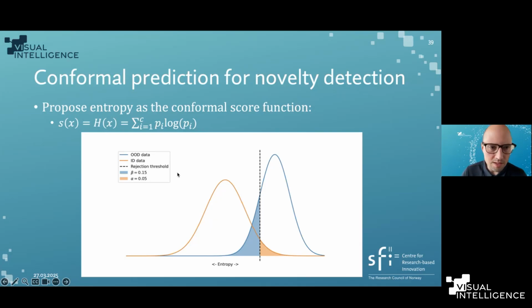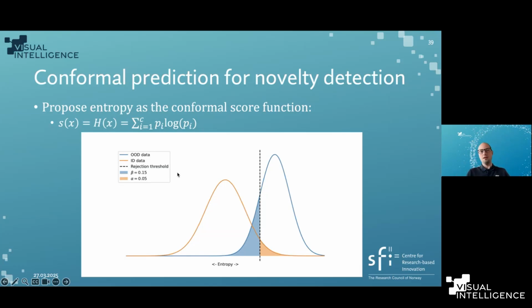In this figure, you have the entropy on the x-axis, and the blue curve shows the distribution of the entropy for out-of-distribution data.